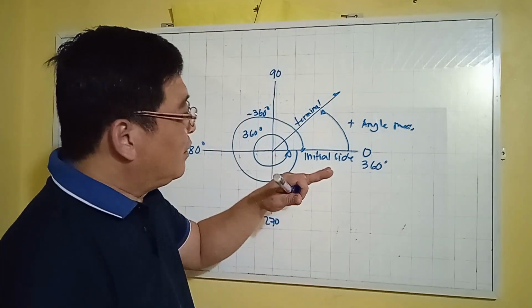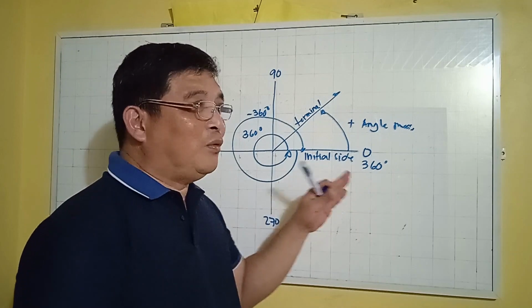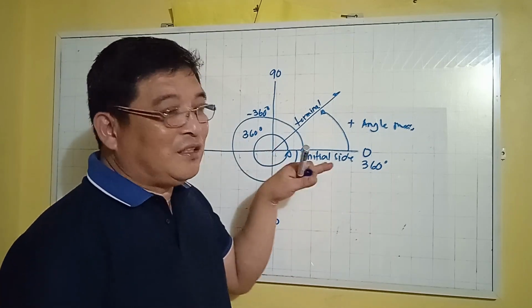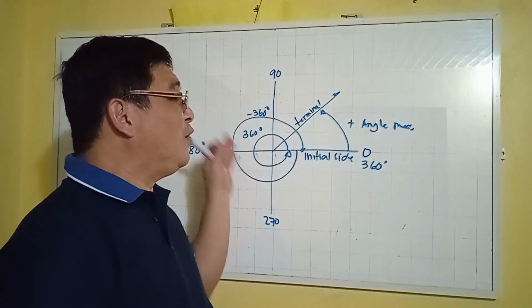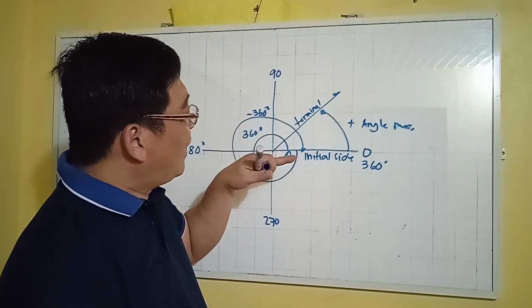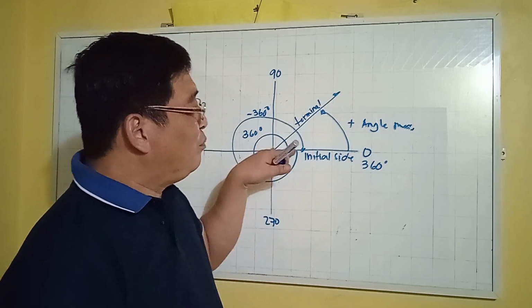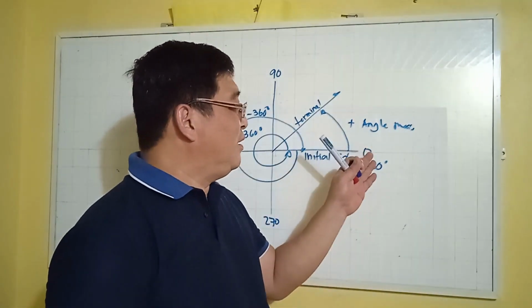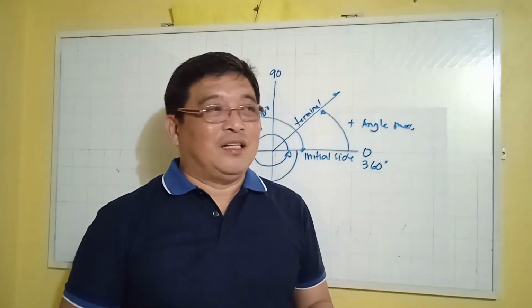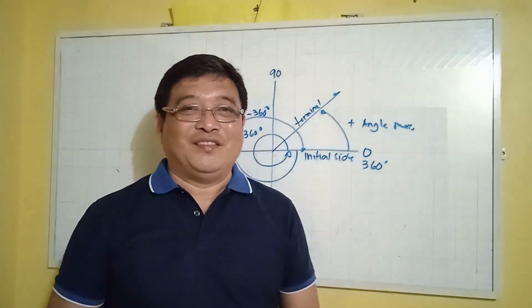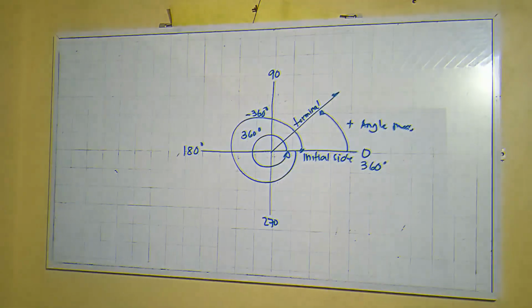So, ang 0 and 360 degrees falls here at the initial side. Meaning, pagka nagkaroon ng movement, both terminal side and initial side, nandun siya mismo doon sa side natin na to, which is wherein the degree is equals to 0. To be able to have 24 parts of a circle, kailangan meron siyang angle measure na 15 degrees.